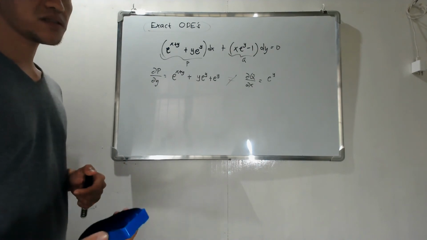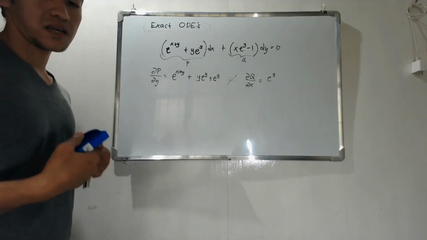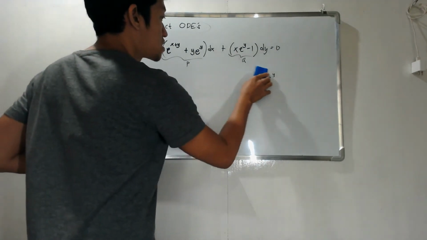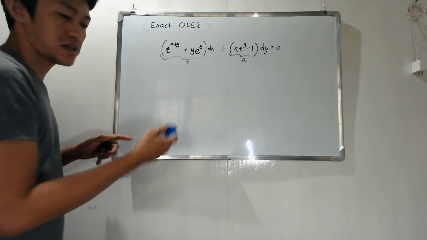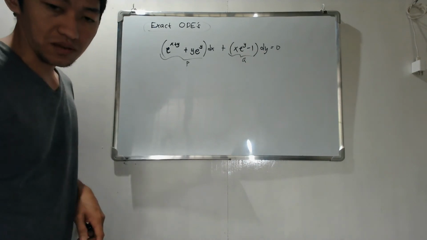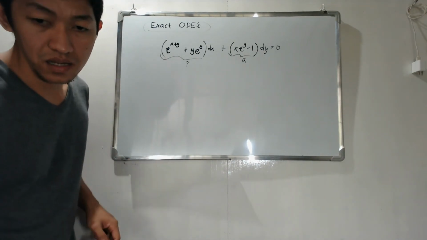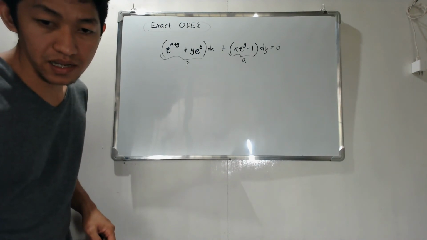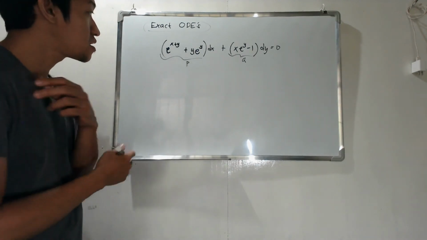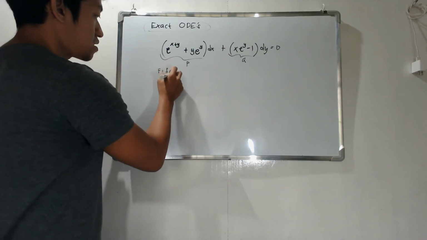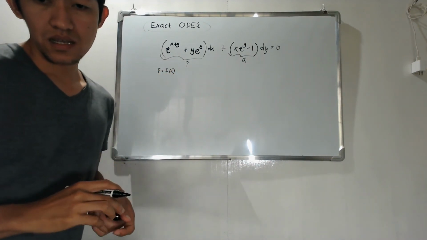Okay, so again, try to multiply an integrating factor. Let's apply theorem 1. Check if theorem 1 can be applied. In theorem 1, your integrating factor must be a function of x only.